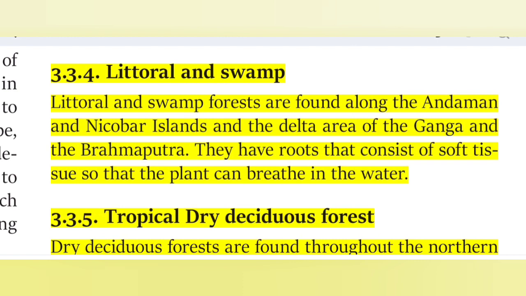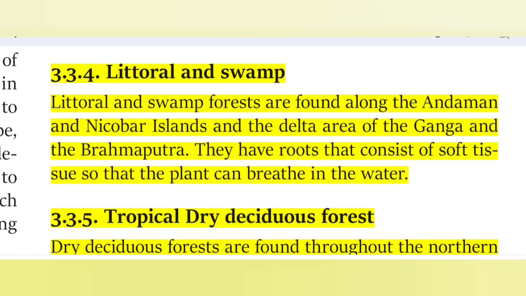Littoral and swamp forests are found along the Andaman and Nicobar Islands and the delta area of Ganga and Brahmaputra. They have roots that consist of soft tissues so that the plant can breathe in water.